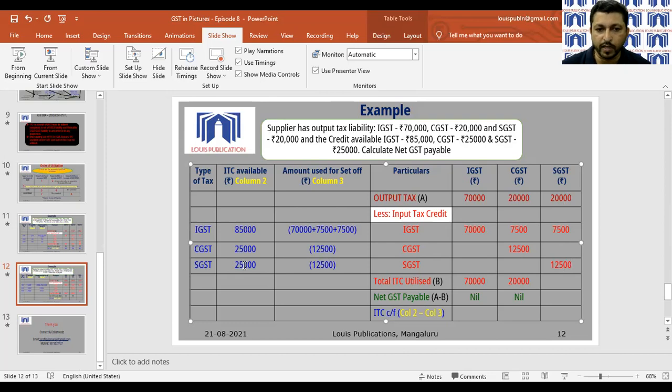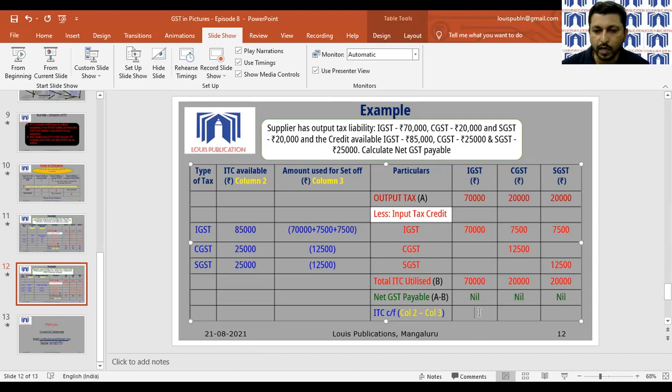So out of 25,000 SGST credit, we are making use of 12,500 rupees. So 7,500 plus 12,500 would work out to 20,000 rupees. So A value is 20,000, B value is 20,000. So A minus B, net GST payable as far as SGST is concerned is also nil.